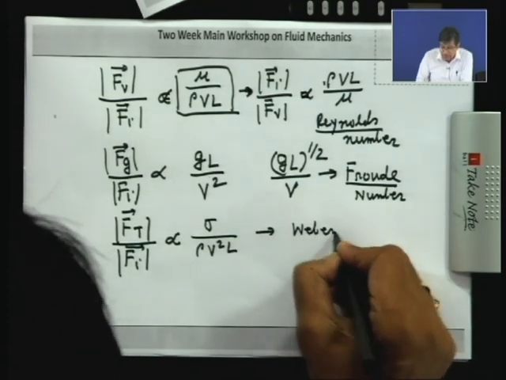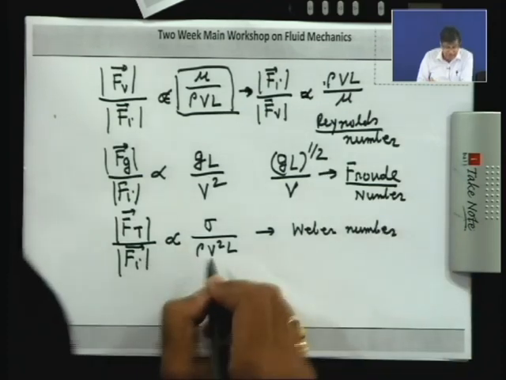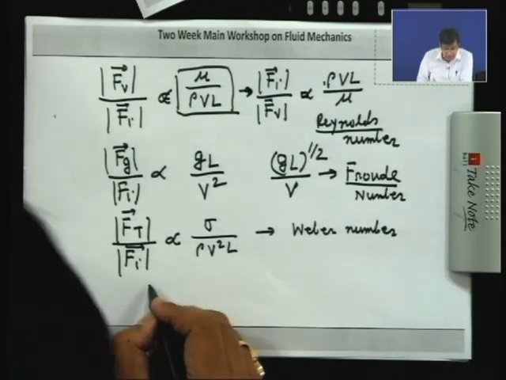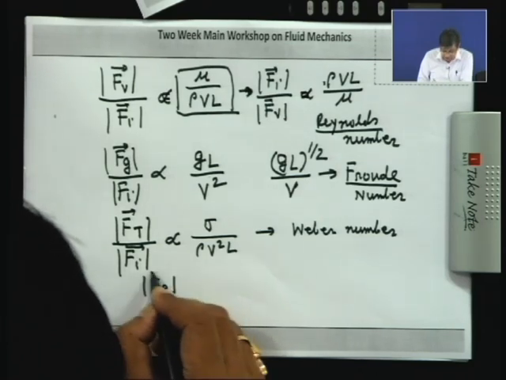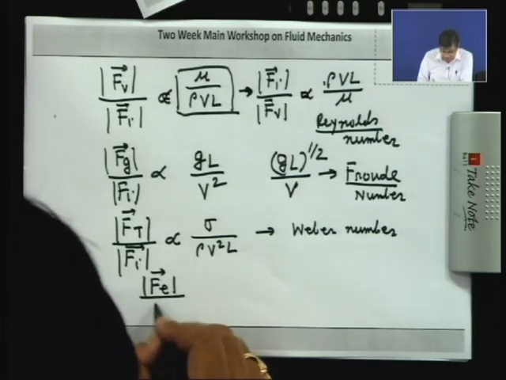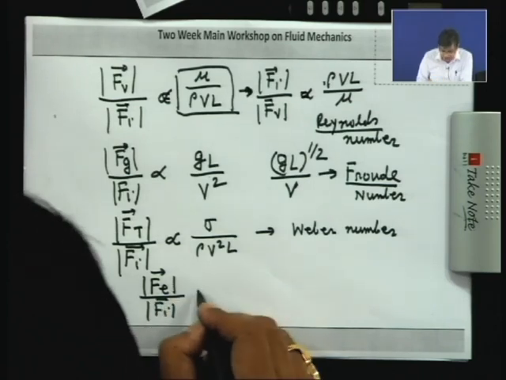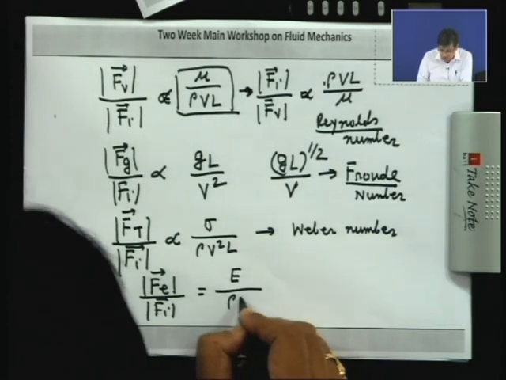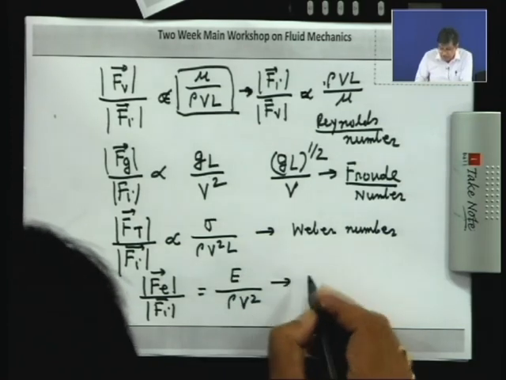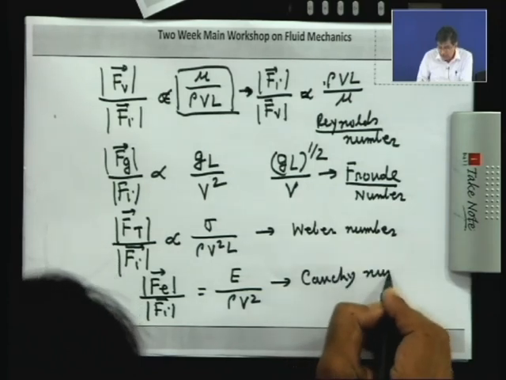And this way we will get such dimensionless numbers. If we take the elastic force due to compressibility to the inertia force, we will get E L square over rho V square L square, so it is E by rho V square, and this is known as Cauchy number. These are all the numbers known.